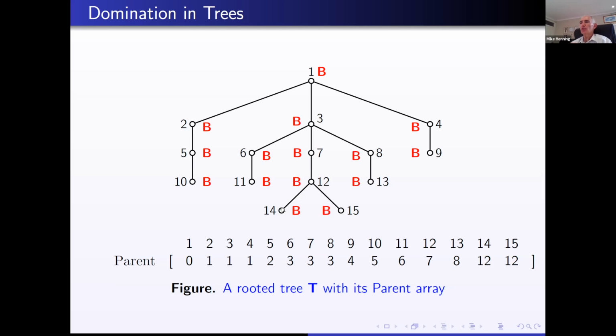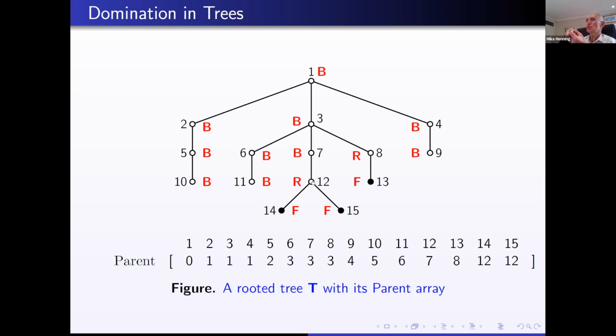And you do that for the vertex 14. It's bound, but you change it to free, and its parent 12 becomes required. And with 13 too. So those vertices, you change their labels from bound to free, and the parents are required.